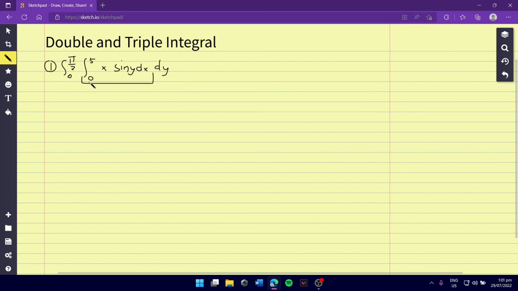So the integral of x sine y dx from 0 to 5 is equal to the integral from 0 to pi over 2 of x sine y, times x squared over 2, from 0 to 5, dy.